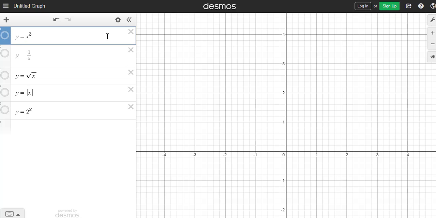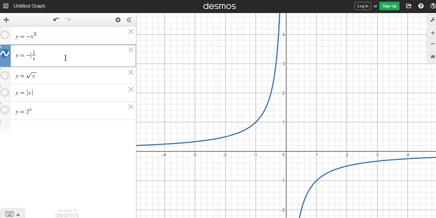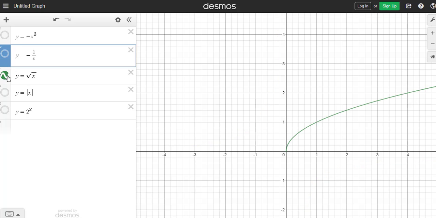Flipping it over the axes, how do you think you're going to flip it? How am I going to get that baby to flip over? Put a negative out front. Yep. How am I going to get this one to flip over? I'm going to put a negative out front. Yeah. How am I going to get this one to flip over?